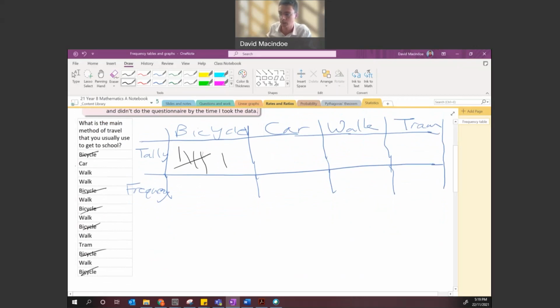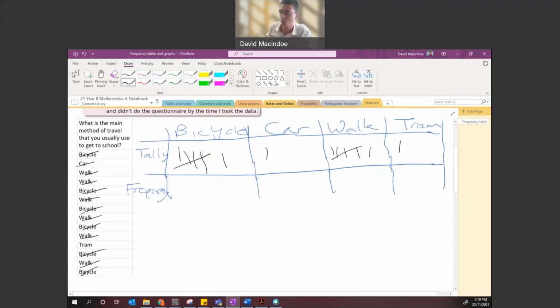So here we've got car, just one for car, cool, all right. Then we've got walk, so we've got 1, 2, 3, 4, 5, and one more, 6. And the only thing left is a single tram.